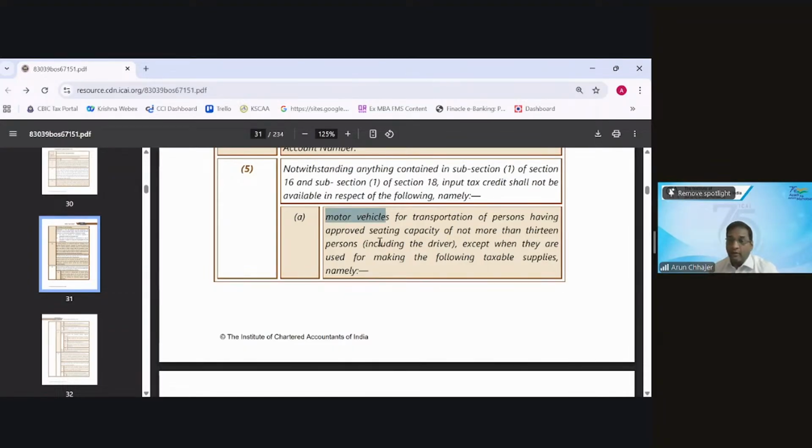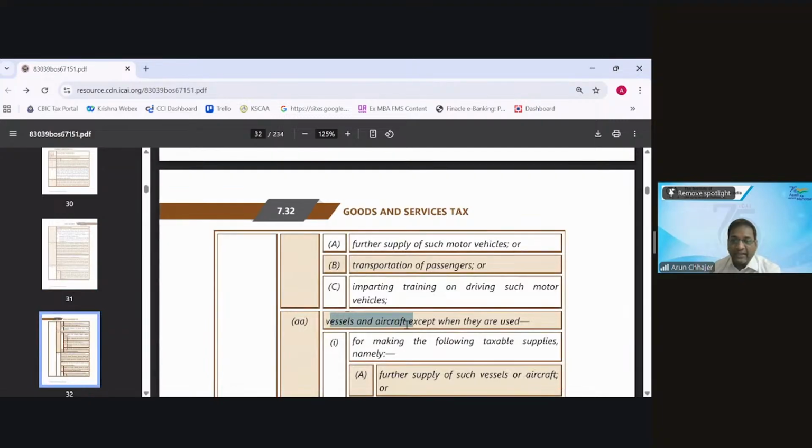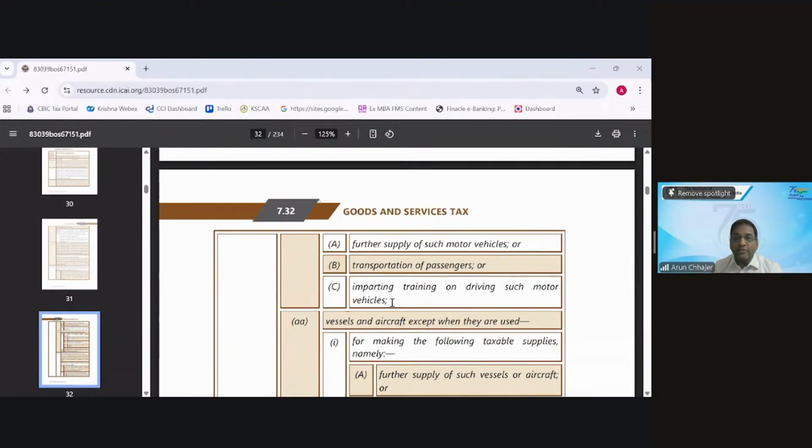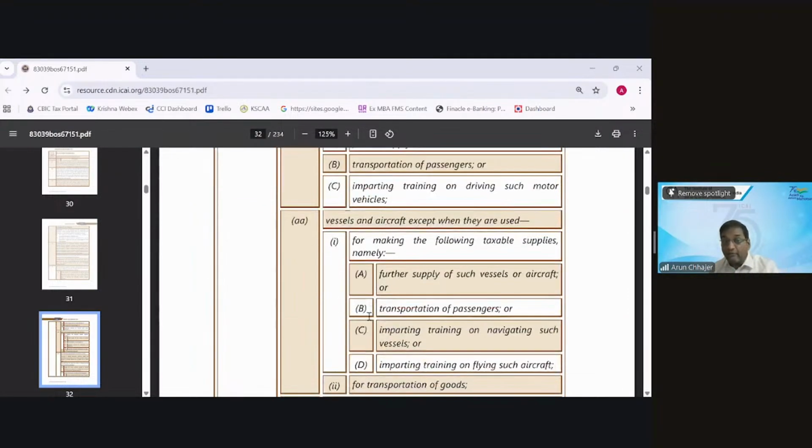Please confirm. It is only allowed for motor vehicle and vessel and aircraft, but not for the motor vehicle. Tell me. Why have they not made a separate clause here for motor vehicle, whereas they have made the separate clause in clause AA? Okay, let's hear from others also.